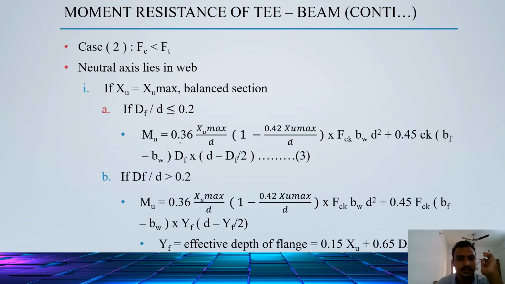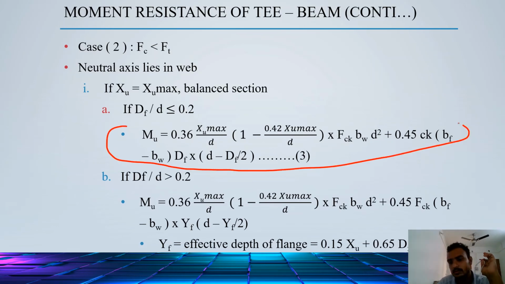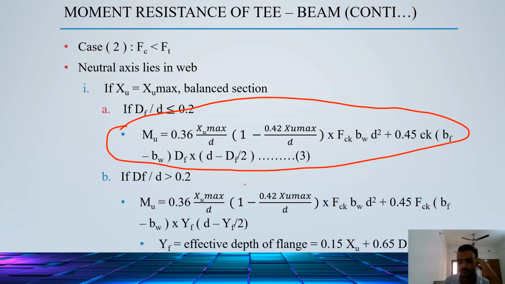Yeah, here it is. Mu equals 0.36 Xu max upon D into 1 minus 0.42 Xu max upon D into fck b D square plus 0.45 fck into (bf minus bw) into Df into (D minus Df by 2). Write down this equation. You need it.